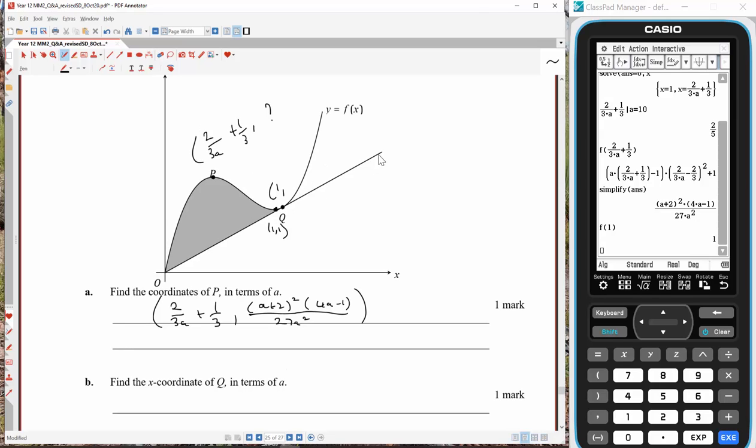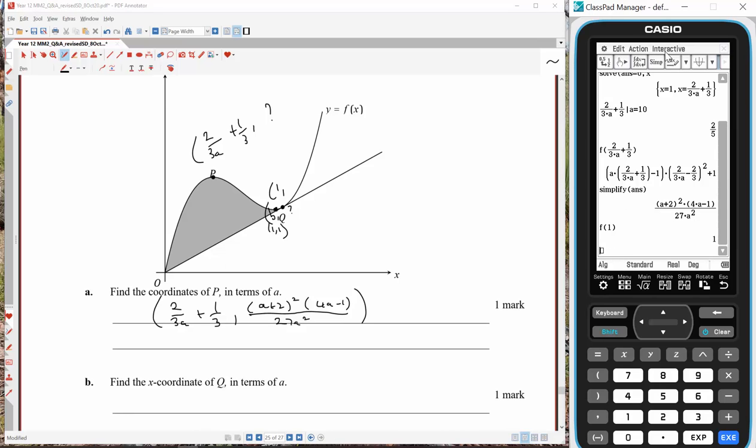Okay, so we'll get the equation of the tangent from point, let's just make this point here point B for argument's sake. So we'll go B, comma, whatever it is.